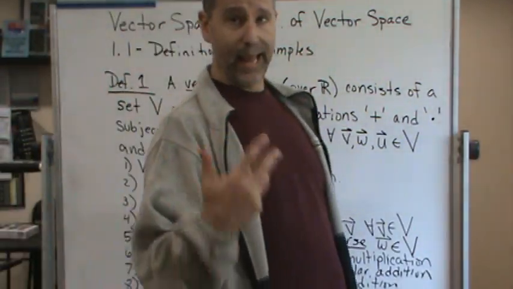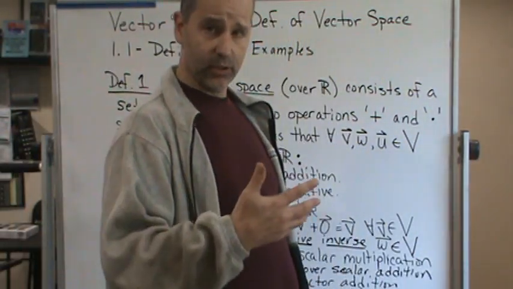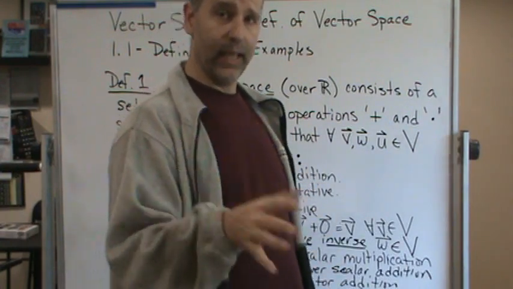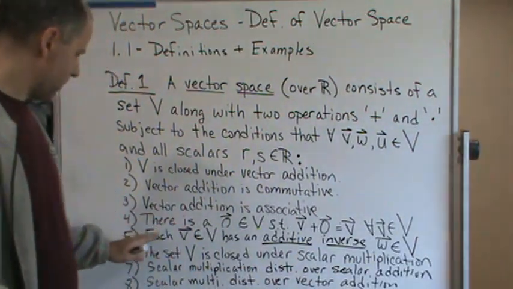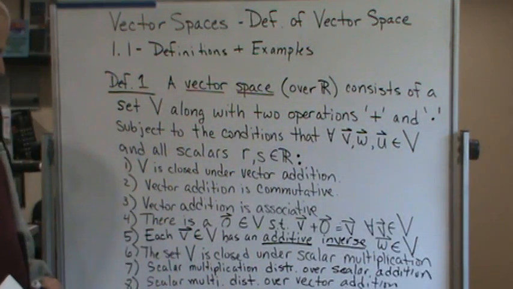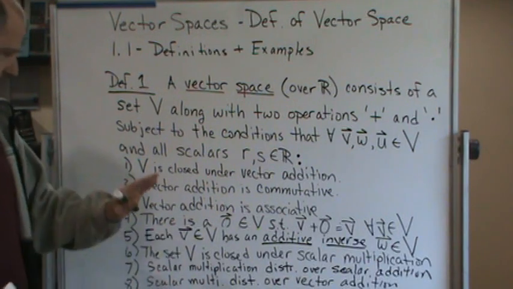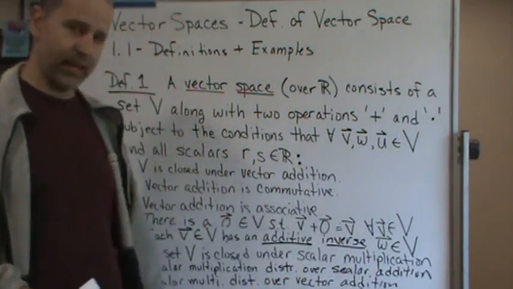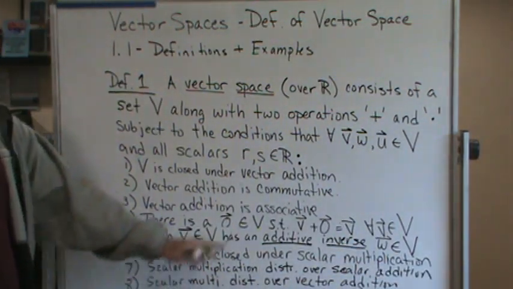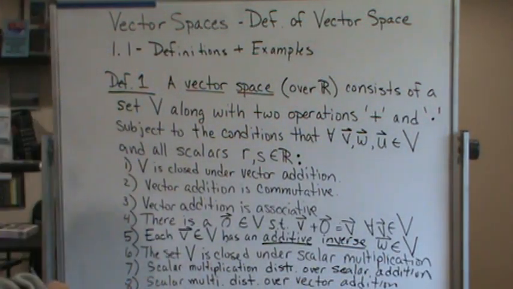We have an additive inverse in the reals, the negative numbers, so positive and negative numbers. So again, what we're saying here is that for any vector V, there is an additive inverse W such that when you add W and V together, you get the 0 vector. Okay, so that's what we mean.